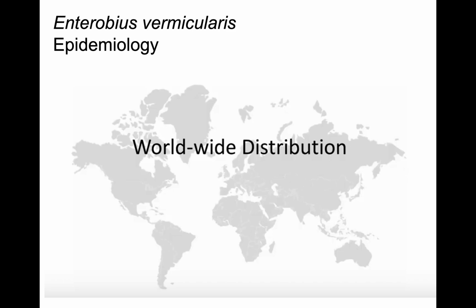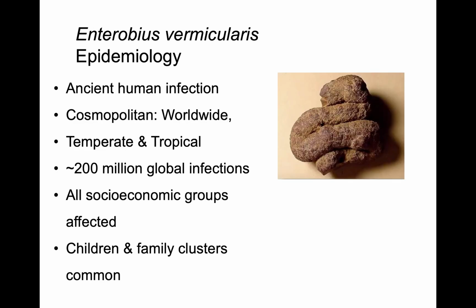Pinworm enjoys a worldwide distribution. Basically, anywhere there's population, there is this pinworm. This is a picture of human feces, and on the surface, you can see a very thin yellow layer. The scientists discovered that this thin layer is actually pinworm eggs.